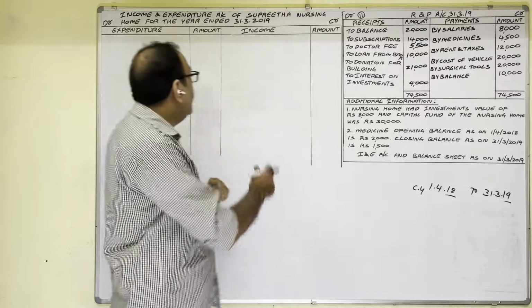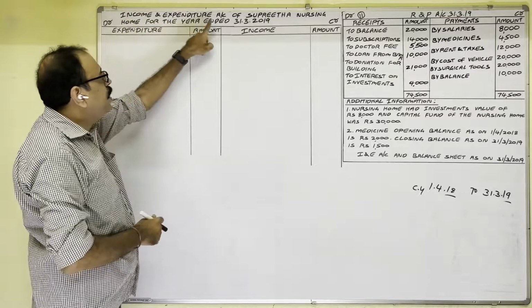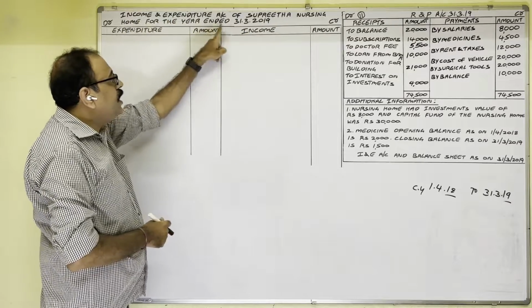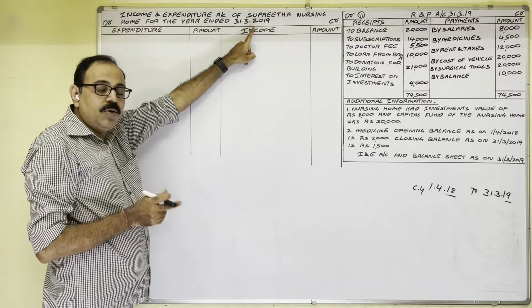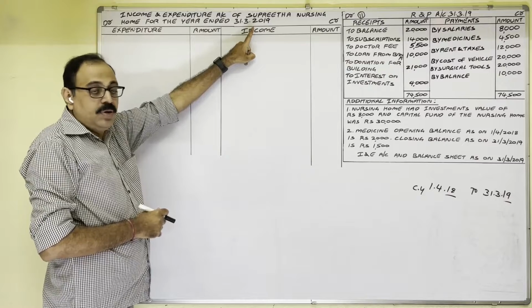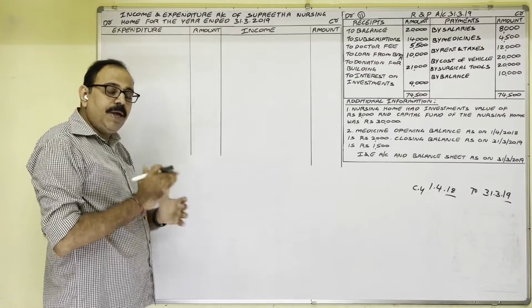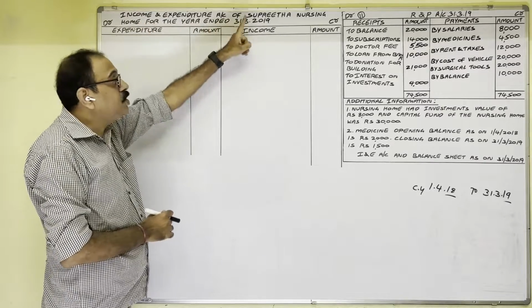So first, the income and expenditure account. The heading is Income and Expenditure Account of Suprita Nursing Home for the year ended 31st March 2019. For the receipts and payments account and income and expenditure account, we write for the year ended. When you are preparing the balance sheet, you have to write as on 31st March 2019.